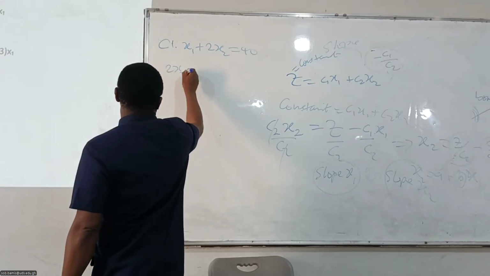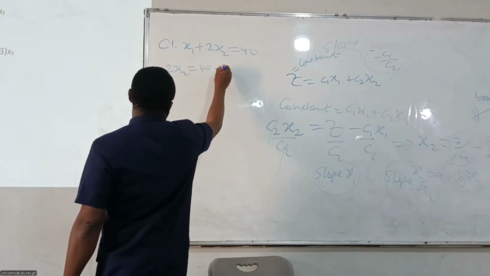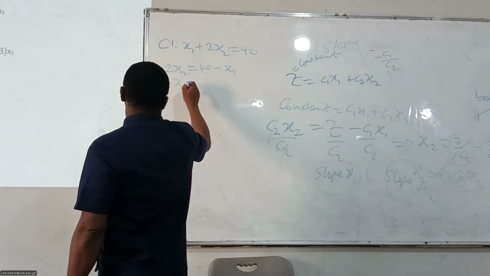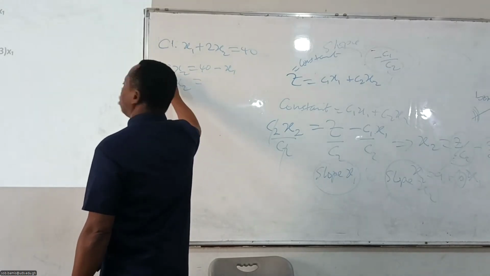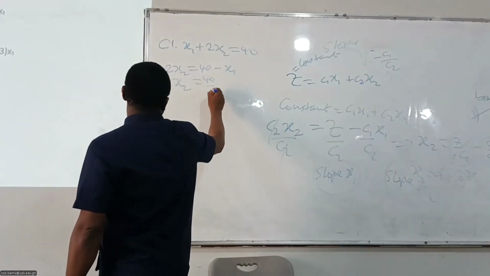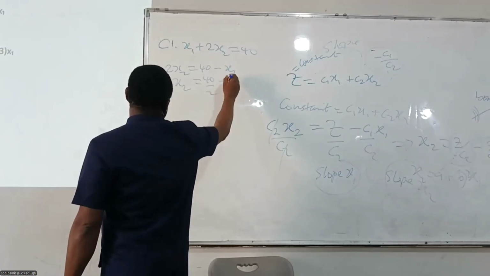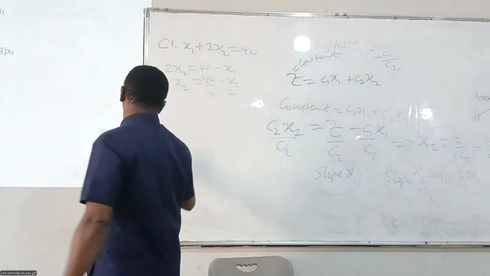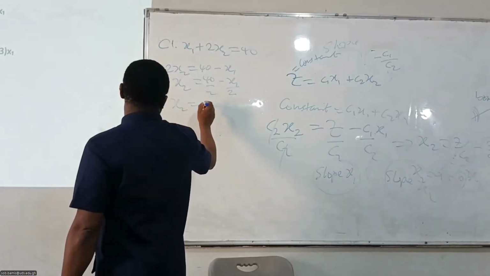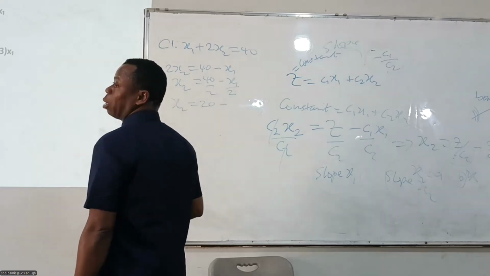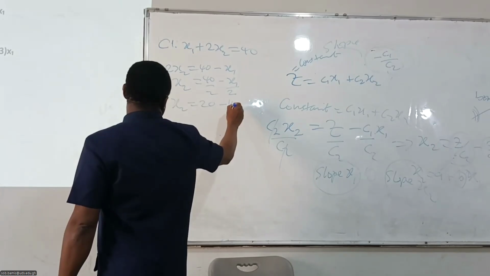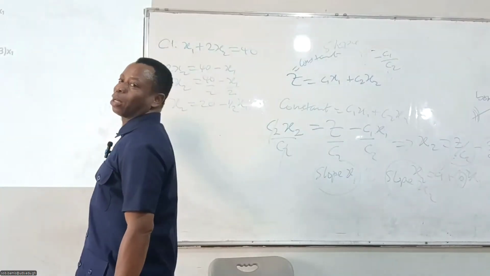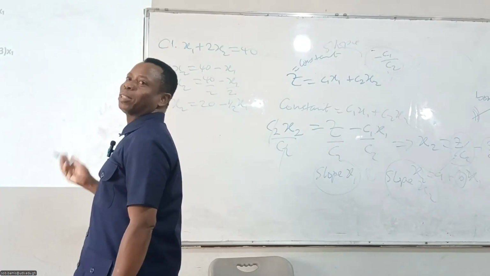Making X2 the subject, X2 is equal to 40 over 2 minus X1 over 2. So from here, X2 will be equal to 20 minus X1 over 2, which is the same as one half X1.